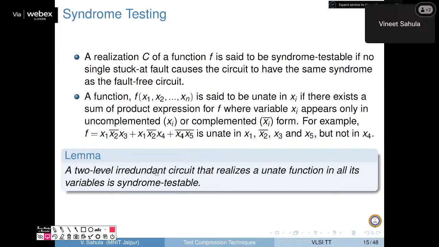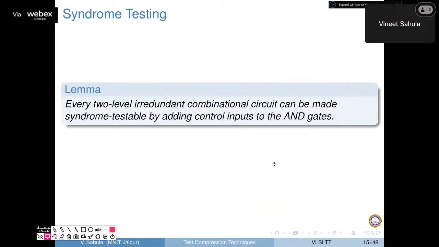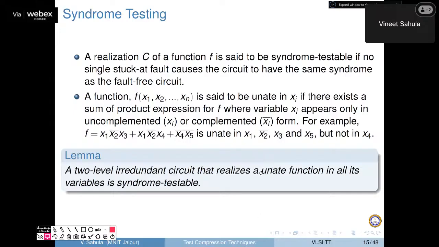In that redundant circuit, if we realize a function which is a unate function, then all its variables are syndrome testable. Excellent. If your function is a unate function in all variables, the function is syndrome testable. There is no aliasing. Very good.